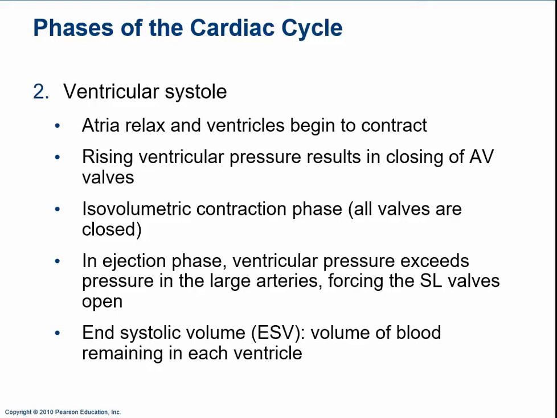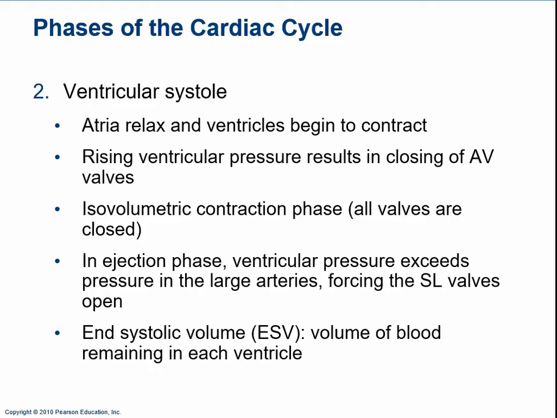At the end of systole, not all the blood has left the ventricle. So the amount of blood remaining in that ventricle is called the end systolic volume. It's the least amount of blood that's going to be in the ventricle in that heartbeat.